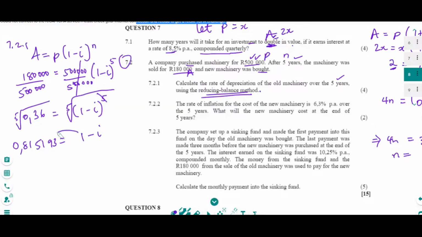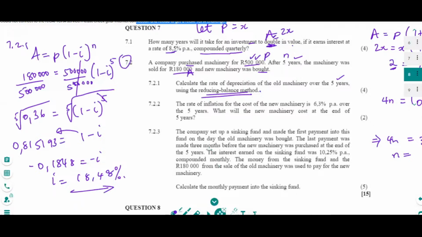Then move this 1 to that side, it will be a subtraction. You'll end up with negative 0.1848 is equal to negative i. Then divide both sides by negative 1 and multiply by 100, which means my i is going to be 18.48%. So that is my rate of depreciation. For marks in.